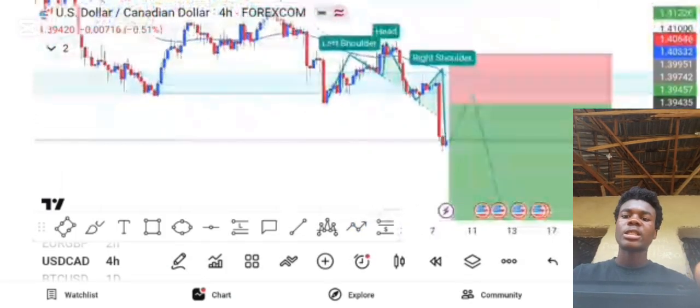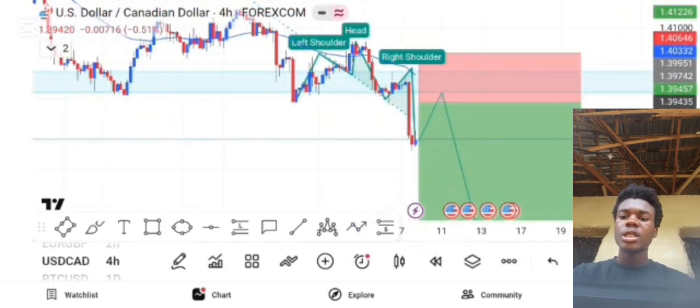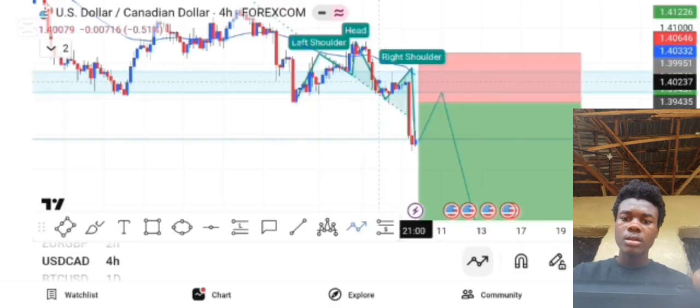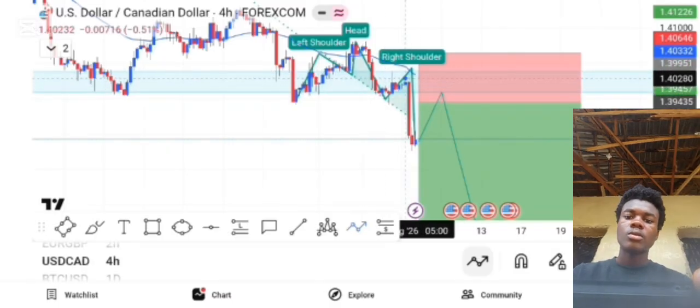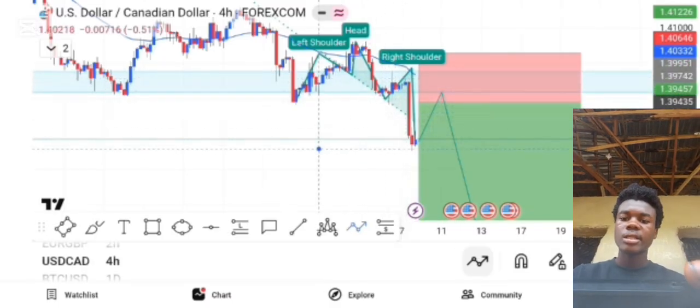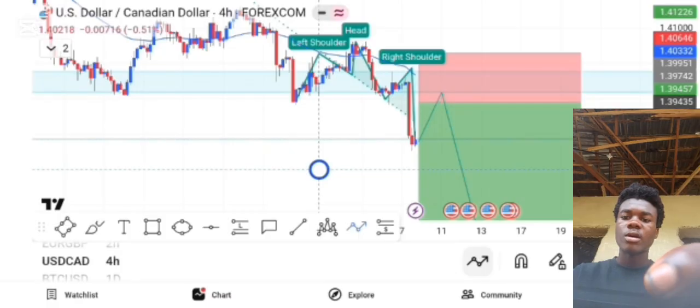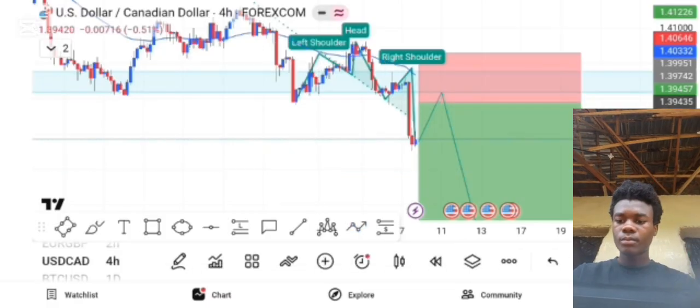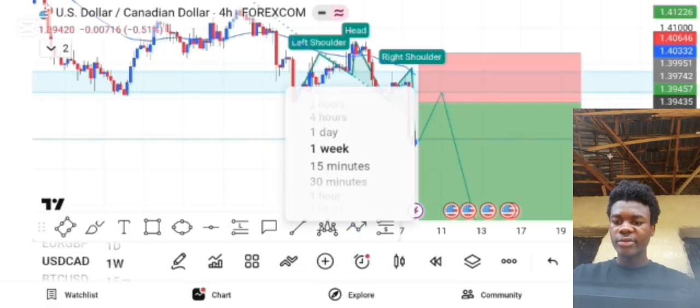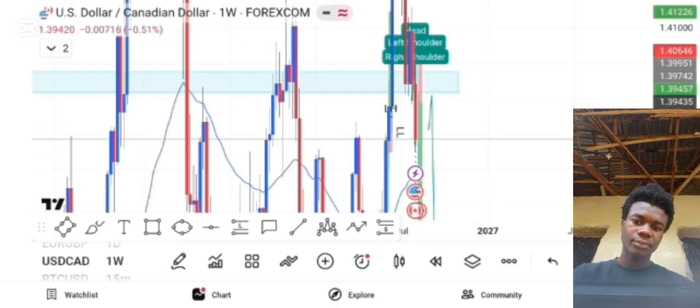And as you can see, 4-hour is bearish. This is the lower high here, and this area is the lower low on the 4-hour time frame. Take a look at the weekly time frame on USD CAD.